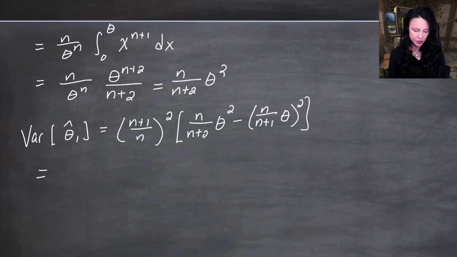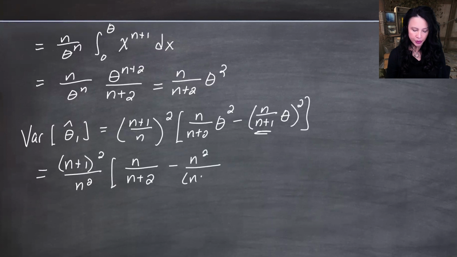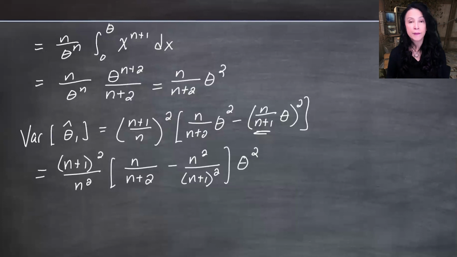So let me pull out that theta squared. Here I've got n plus 1 squared over n squared, n over n plus 2. When I square this, I get n squared over n plus 1 squared, and I can pull out the theta squared.